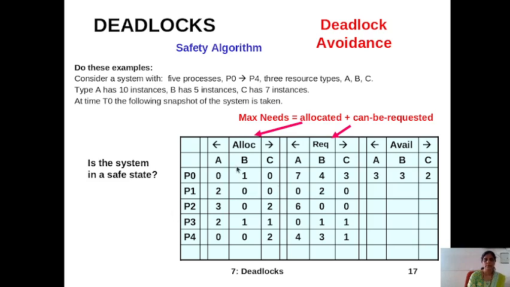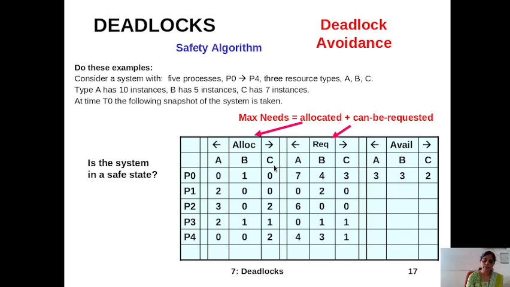Consider here a very simple example. We have 5 processes P0 to P4 and there are 3 different types of resources A, B, C. Totally A has 10 instances, B has 5 instances, C has 7 instances. This is the snapshot of the system taken at some time t.